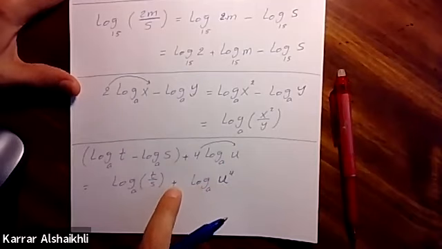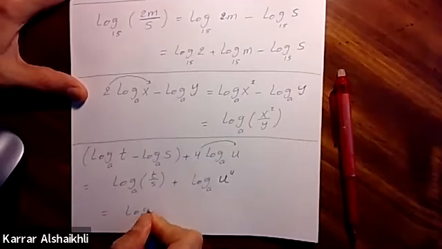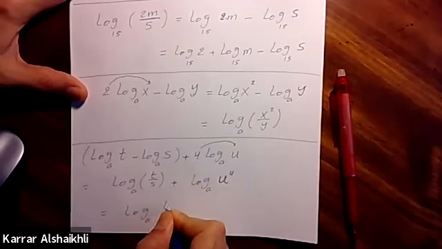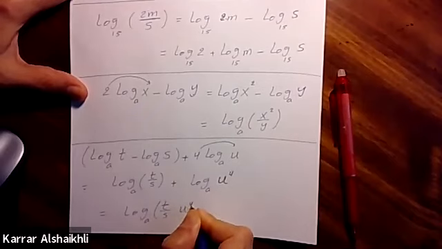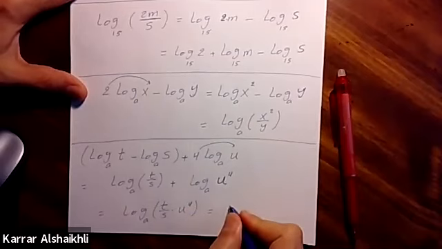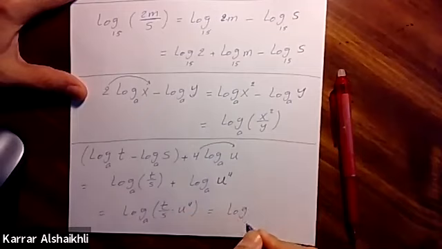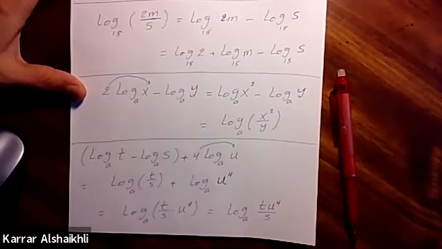The first rule says addition becomes multiplication. So this is going to be log to the base a of t over s times u to the power 4. Or you can simplify it more by writing log to the base a of t u to the power 4 over s, which is the same thing.